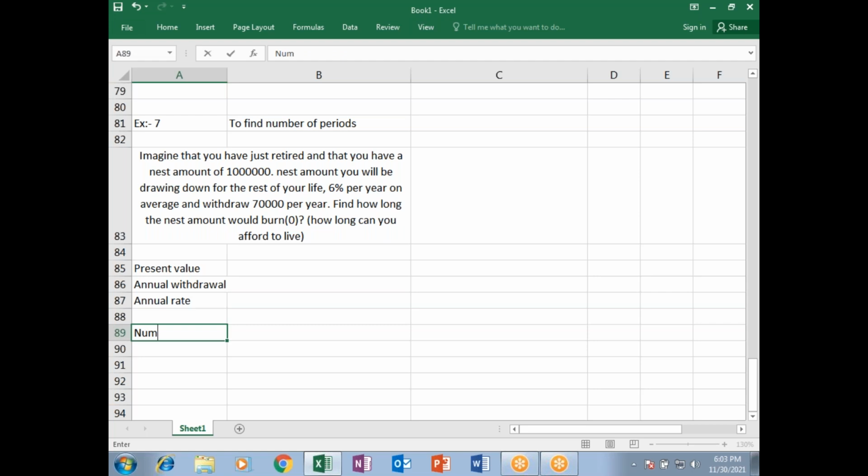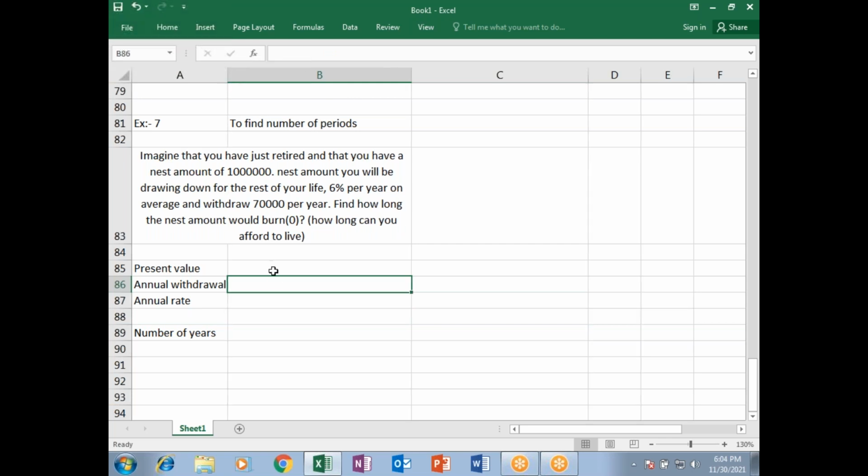I want to find out the number of years. As I told, I have 10 lakh, the annual withdrawal is 70,000, and the percentage given is 6.